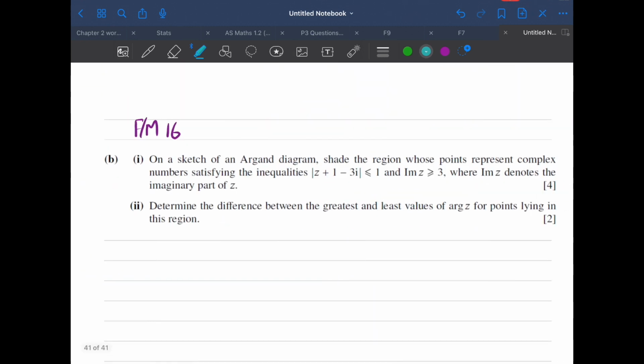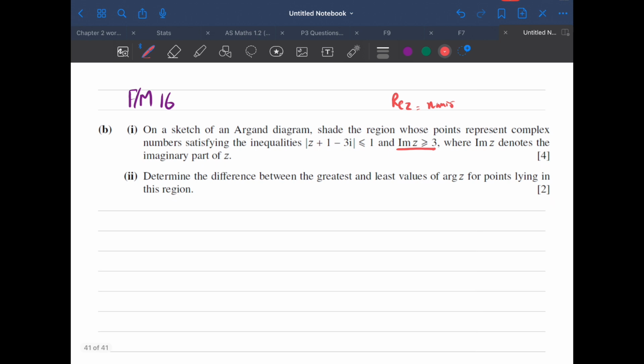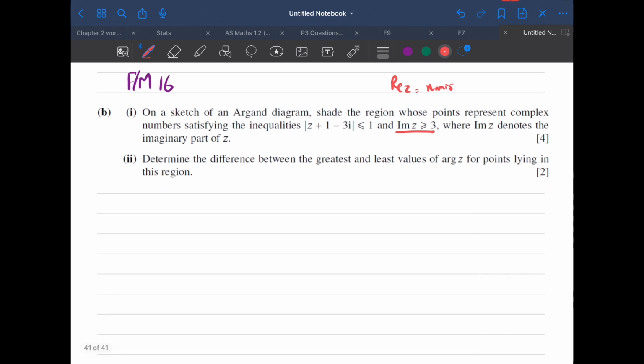Before proceeding further, I want to tell you what IMZ means: Y axis. And what REZ means: X axis. So guys, you have to make the loci and you need the difference between the greatest and least argument. Now let's begin. So I can clearly see this is the equation of what? Circle. Let's take minus common.